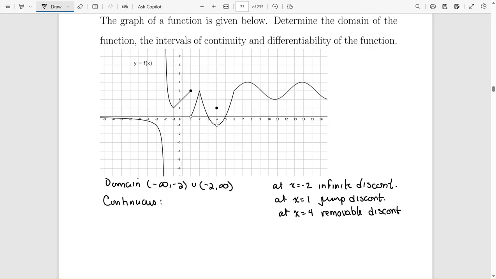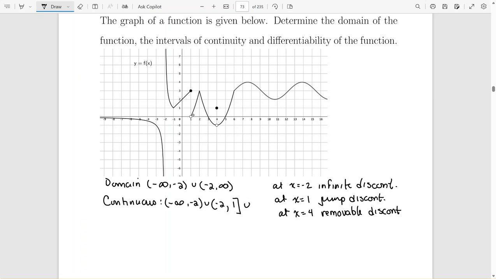So the function is continuous from negative infinity to negative 2. And then there's a definite break, and there is no value at negative 2, all the way over to coming in from the left side, 1, and there's a solid dot. And again, you're reading off the x-axis.